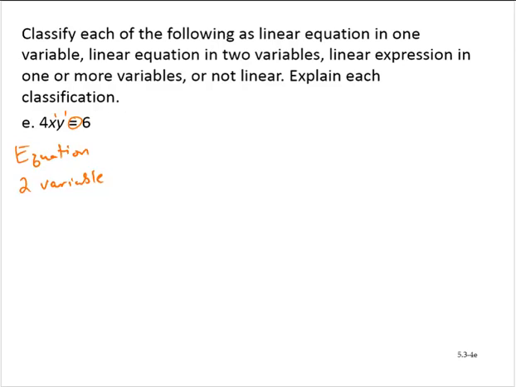But wait a second, if we think about the degree of this term, 4xy has degree 2, and the 6 has degree 0. So we have a degree 2 as the highest degree, and this tells me this is non-linear. So, conclusion, this is a non-linear equation.